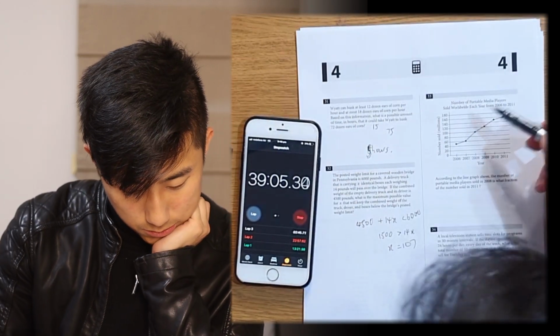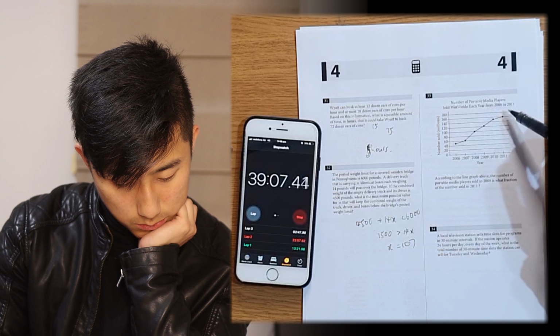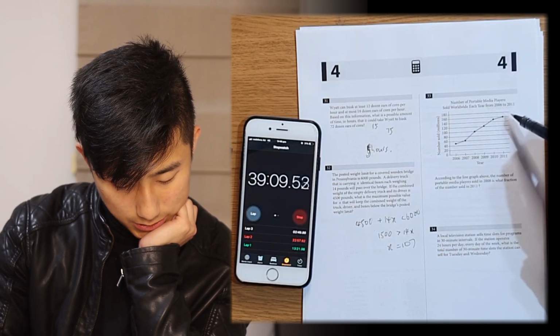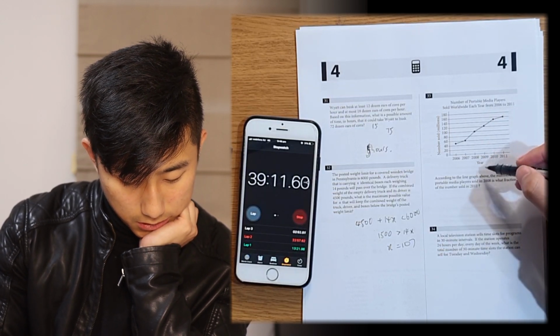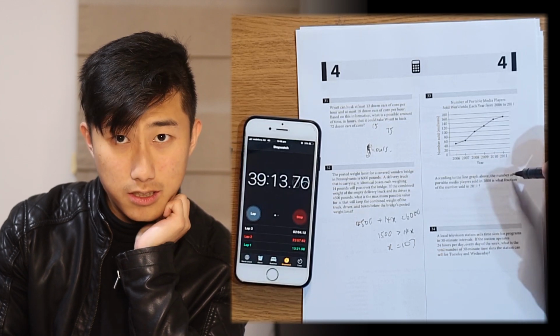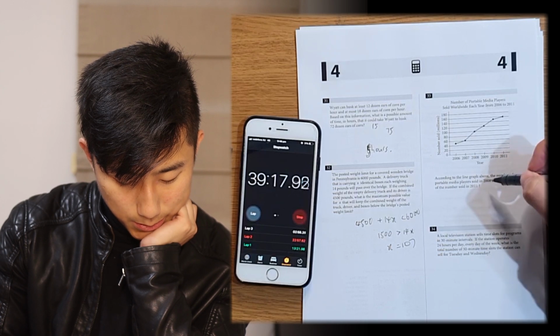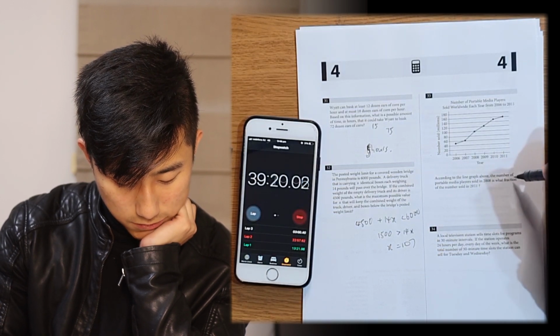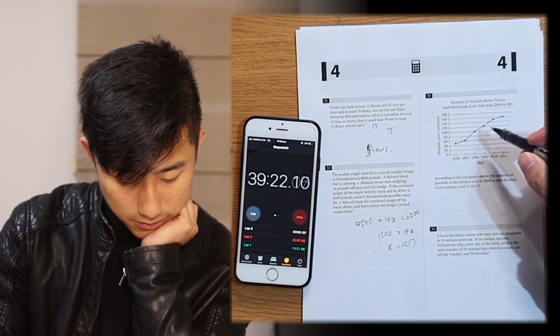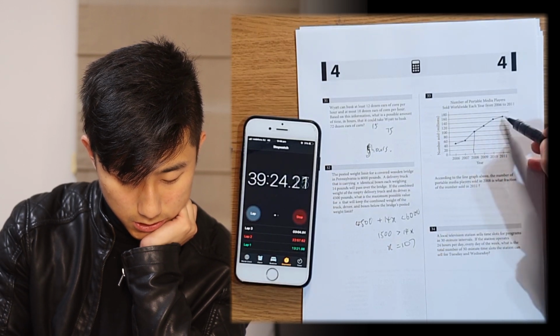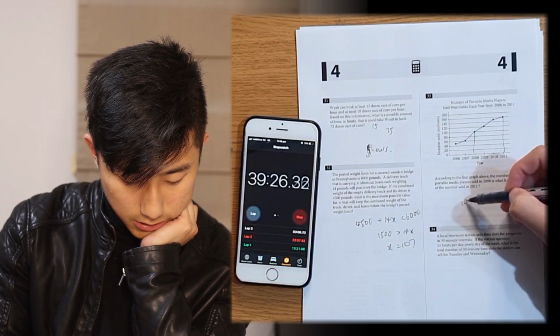Number of portable media players sold worldwide each year from 06 to 11. According to a line graph above, the number of portable media players sold in 2008 is what fraction of the number sold in 2011? So 100 over 160.